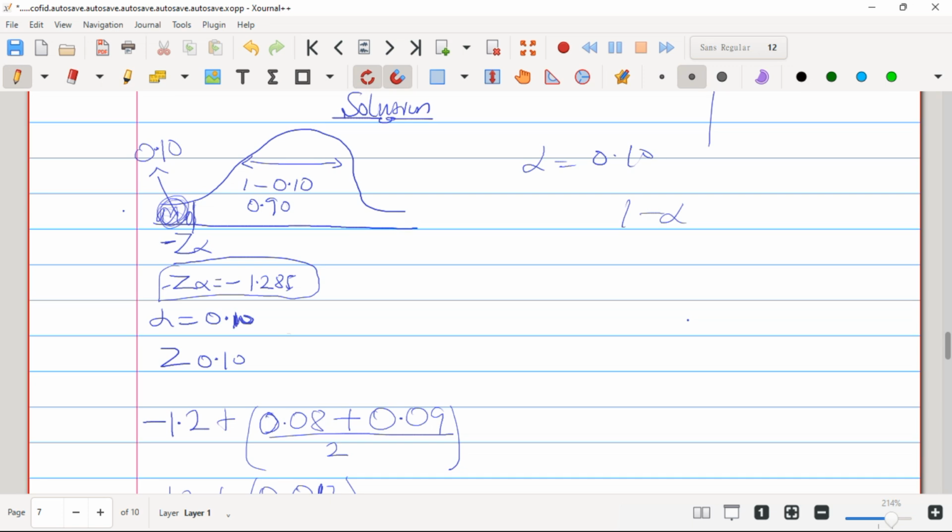But how can one get negative 1.285 unless we go straight to the table to do that? But before that, let's go through some small calculations here before we go to the table. We know that our alpha is given as 0.10, right? And then so here we are going to just get z subscript 0.10. So we are going to just find our z score from the z distribution table.